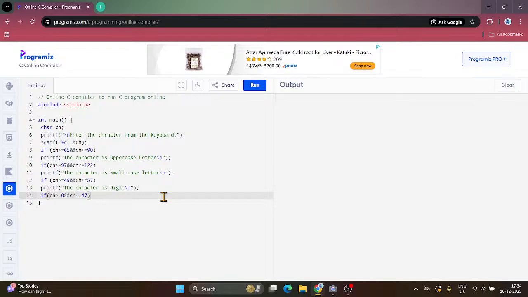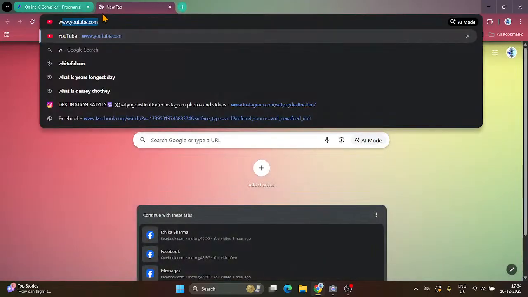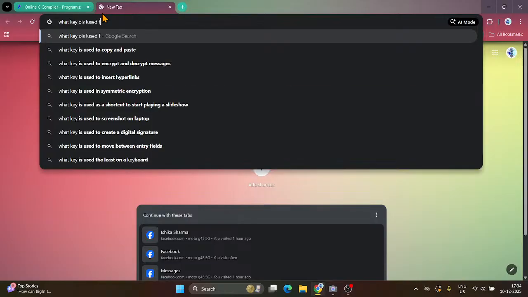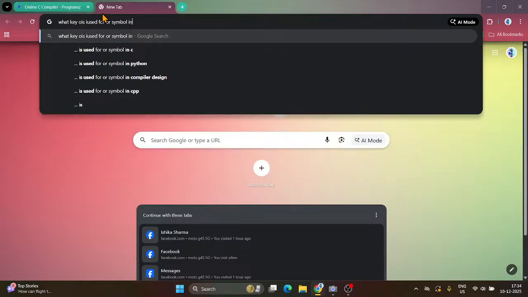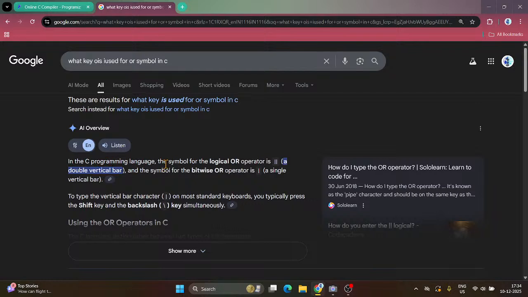I, not L. Is this the symbol? What key is used for OR? The OR symbol is the double vertical line.